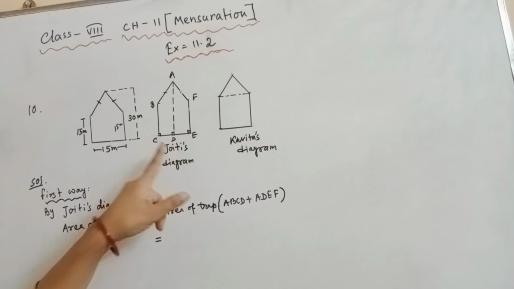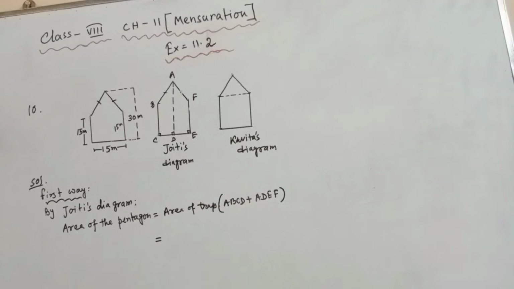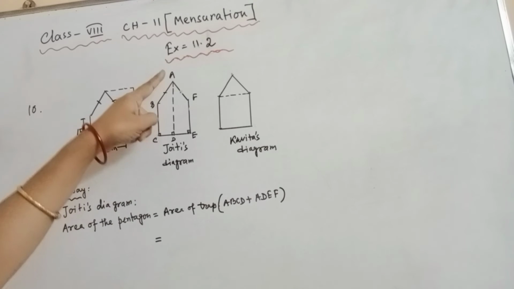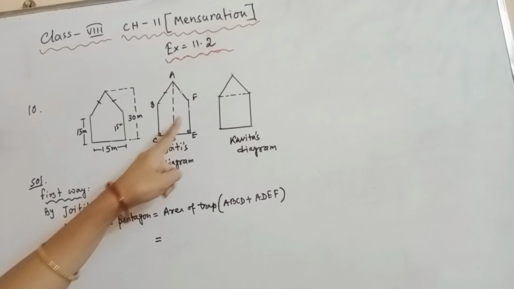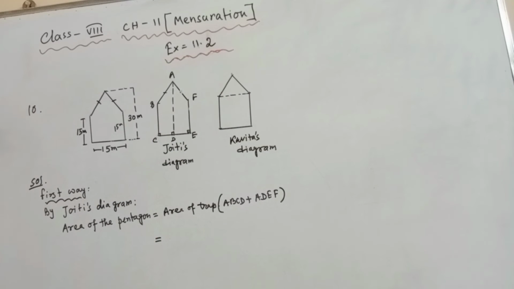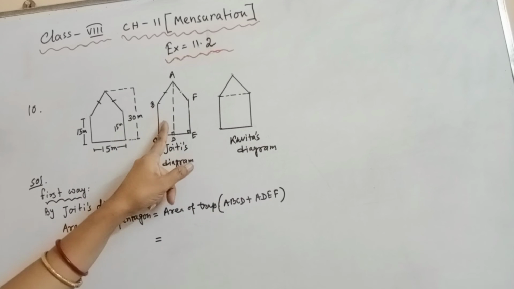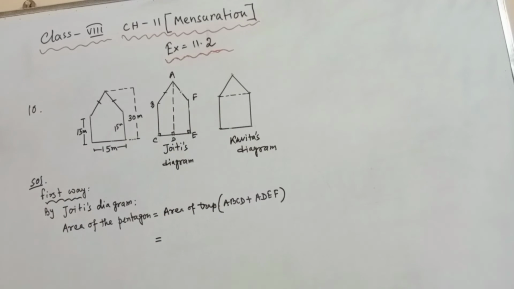This diagram is Jyoti's diagram and this is Kavita's diagram. Jyoti has divided in this way and Kavita has divided this area in this way. So find the area of this park using both the ways, Jyoti's way and Kavita's way. And can you suggest any other ways for finding this area?